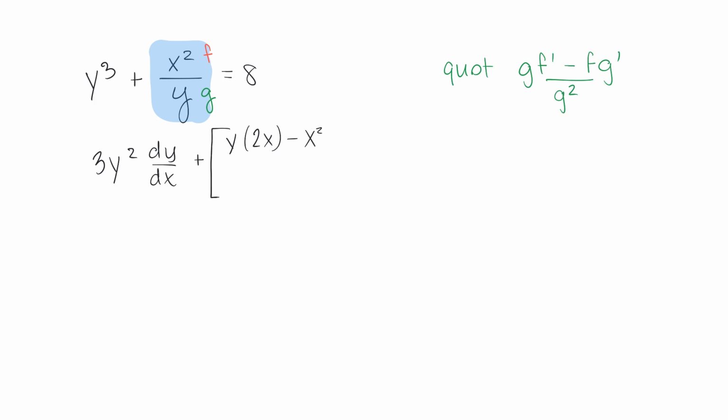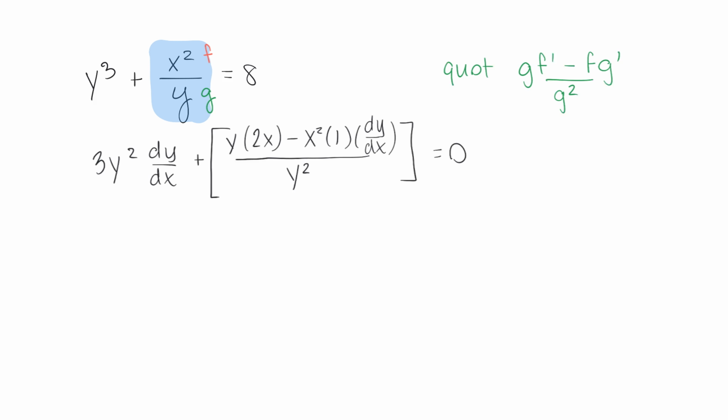G prime is 1 dy dx, divided by g squared, which is y squared, equals 0. Really, sometimes I don't really know why I do this to us, but okay, here we are. So, what are we going to do about this?